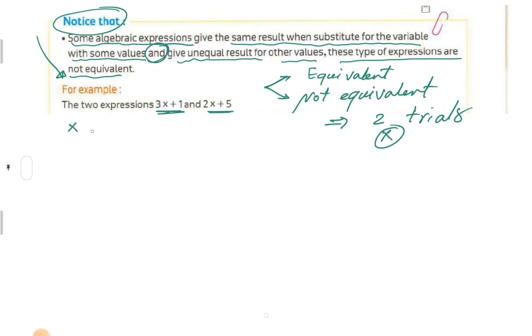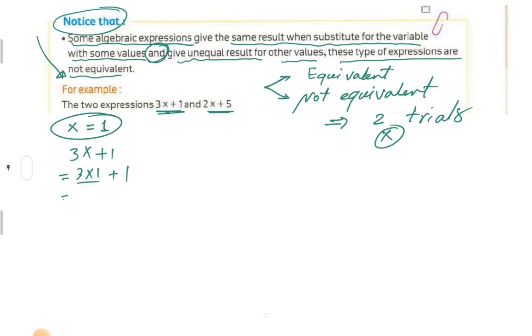Now take x equal 1 for the first trial. So 3x plus 1, okay, 3x, that's mean 3 multiply x. 3 multiply 1 plus 1.